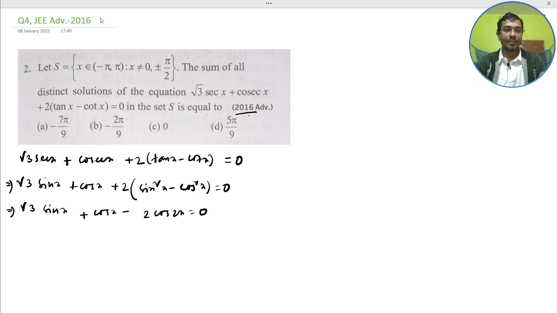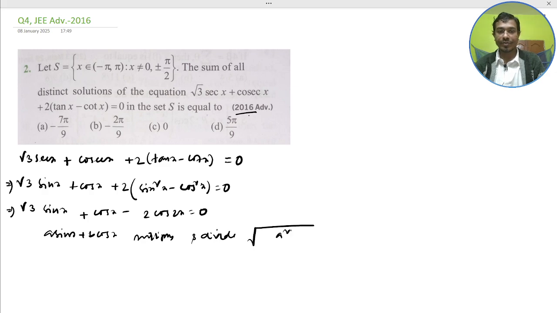This is basically the a sin x plus b cos x form. So multiplying and dividing by root a square plus b square, that is root 3 plus 1, that is root 4, equal to 2.